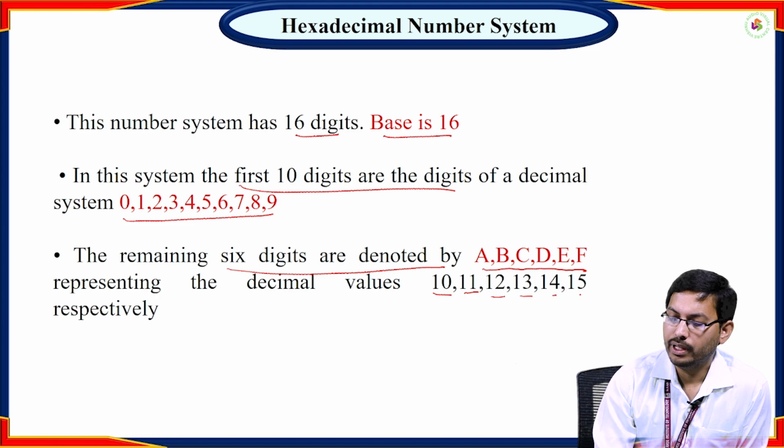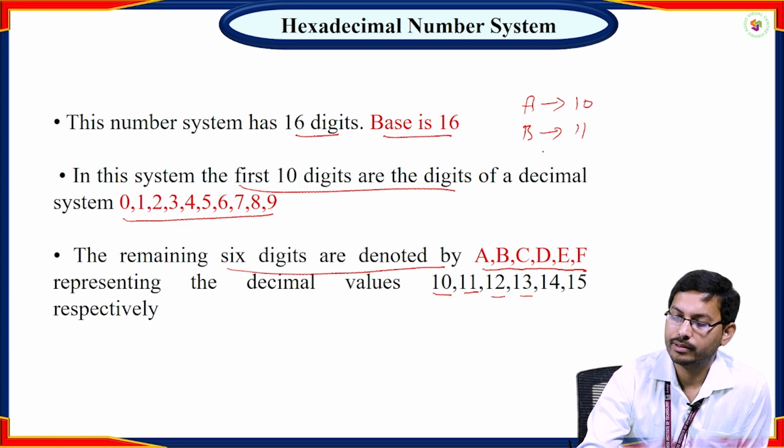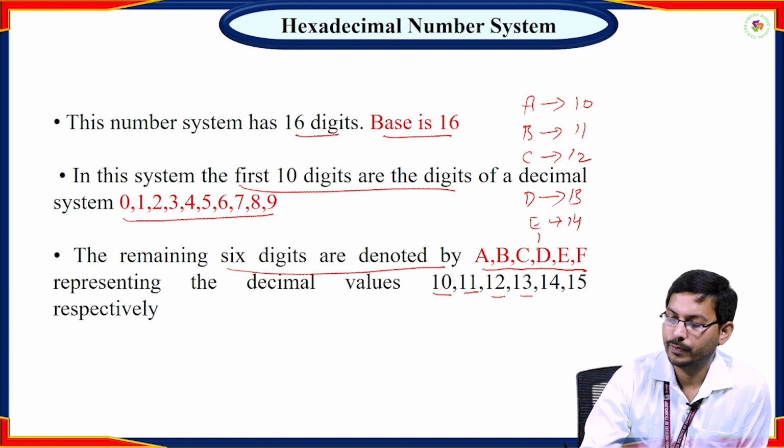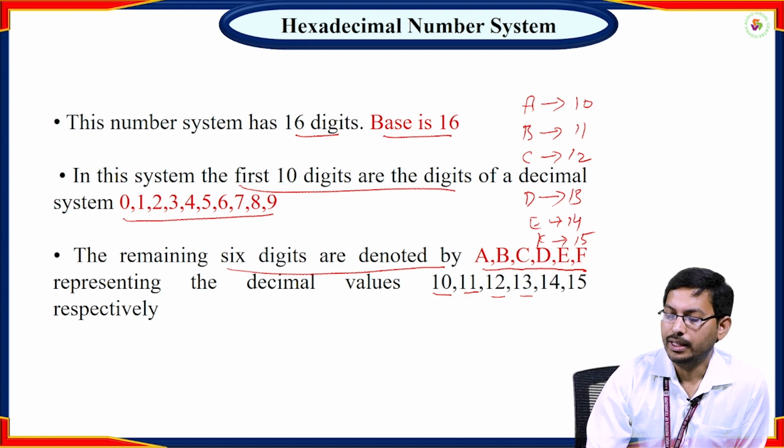For example, A is 10, B is 11, C is 12, D is 13, E is 14, and F is 15. Like that you can represent numbers by using A, B, C, D, E, F.